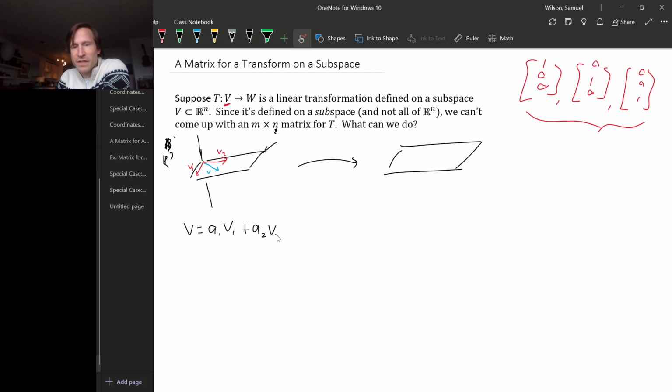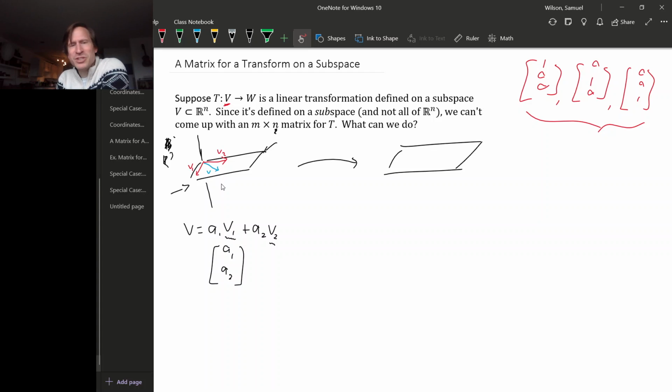If there are only two of them, it would look like this. If you squint just right, this looks as if we have the vector a1, a2, and a1 and a2 are scalars, so they're acting like coordinates. The basis is what gives those coordinates meaning in the context of R3.